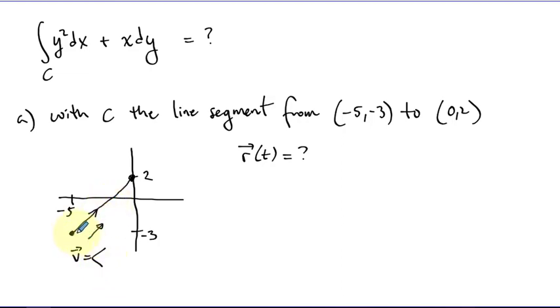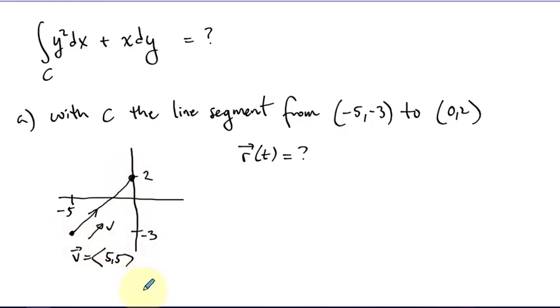It actually has to go over 5 spaces and up 5 spaces. So 5, 5 is the direction vector because that's basically the run first and the rise second. So that really captures the slope right there, right? It's the direction vector for that line.